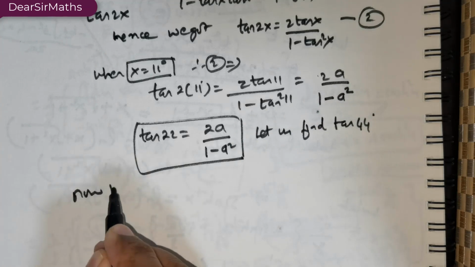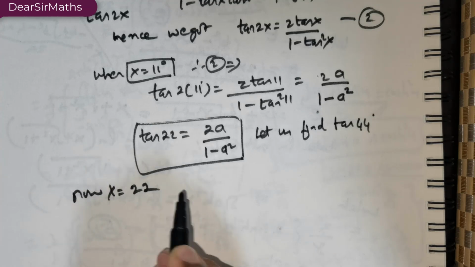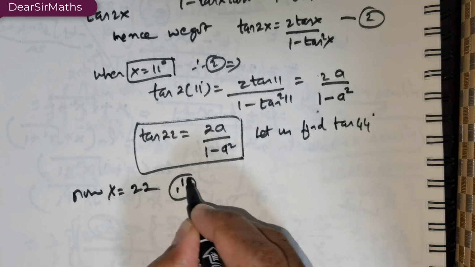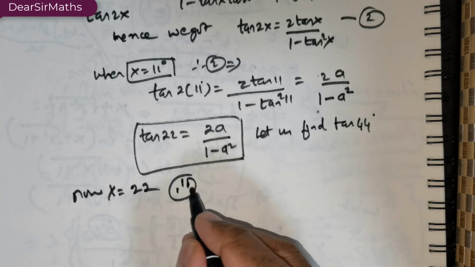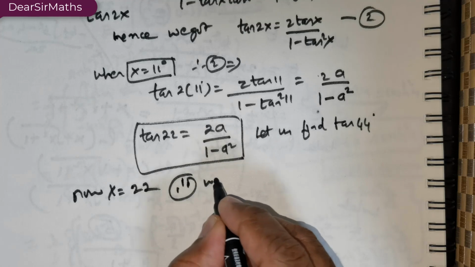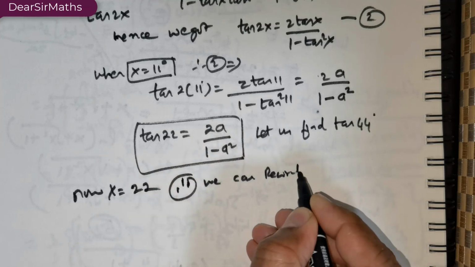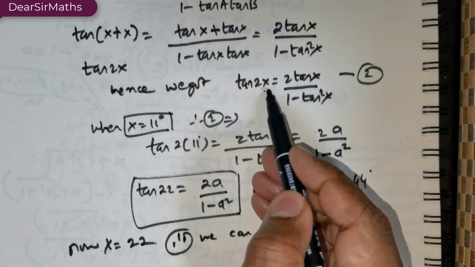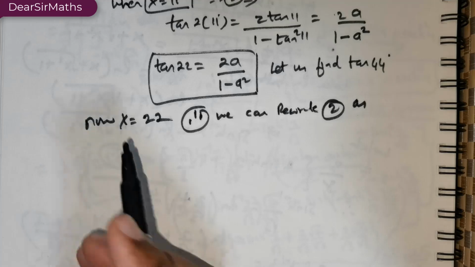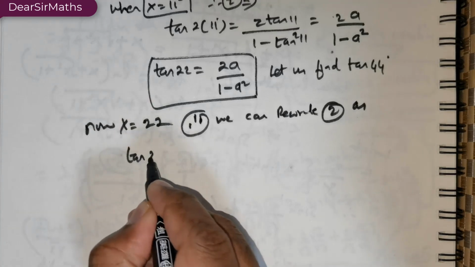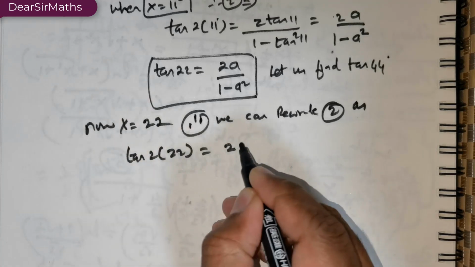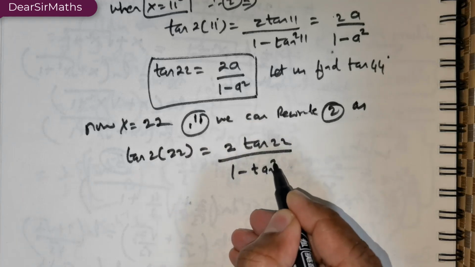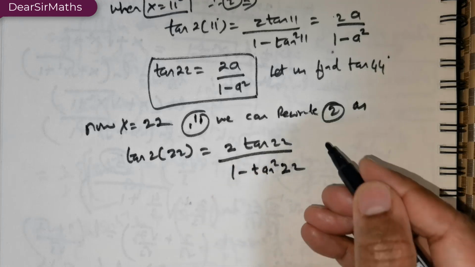Taking x equal to 22, tan of 2 times 22 is equal to 2 times tan 22 divided by (1 - tan² of 22).